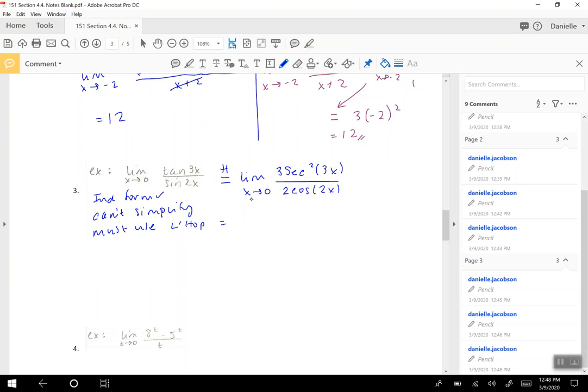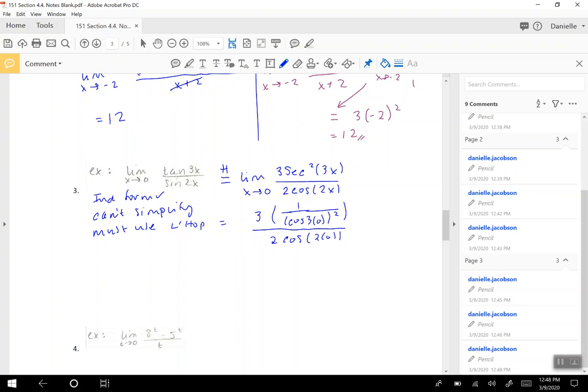From here, let's see if we can run our limit through. If we push the limit through the first part, that would be 3 times secant, which is the same as 1 over cosine, so 1 over cosine times 3 times 0 squared, divided by 2 times the cosine of 2 times 0.